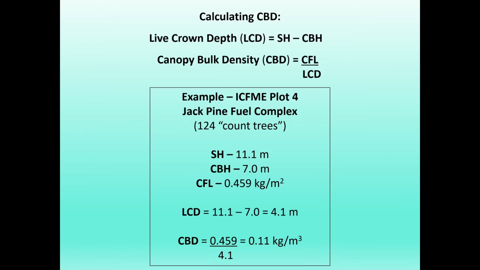The live crown depth is 11.1 minus 7 meters for a result of 4.1 meters. Then the canopy bulk density based on the canopy fuel load and the live crown depth was 0.11 kilograms per cubic meter.